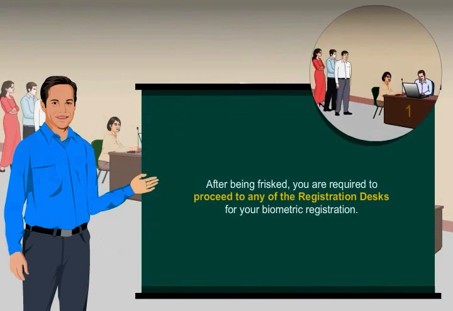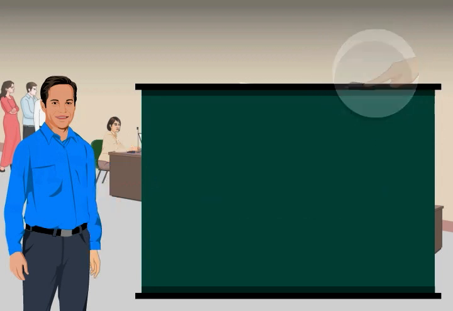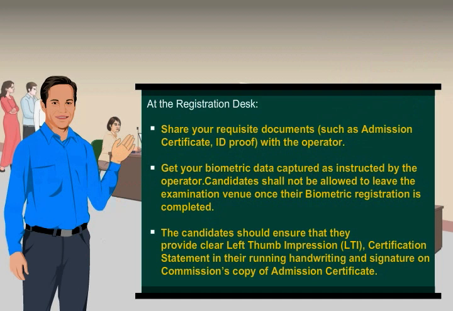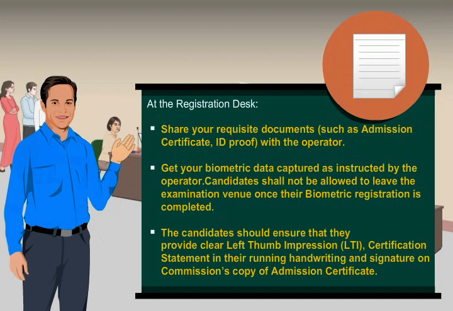After being frisked, you are required to proceed to any of the registration desks for your biometric registration. At the registration desk, share your requisite documents such as admission certificate, ID proof with the operator. Get your biometric data captured as instructed by the operator.